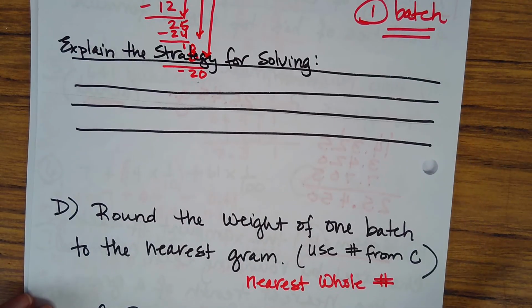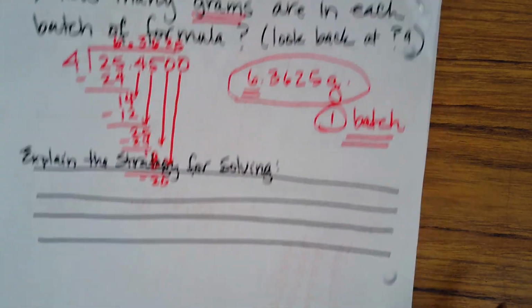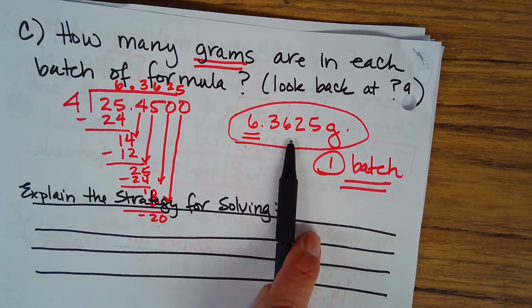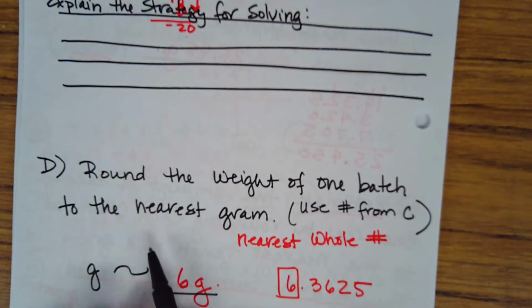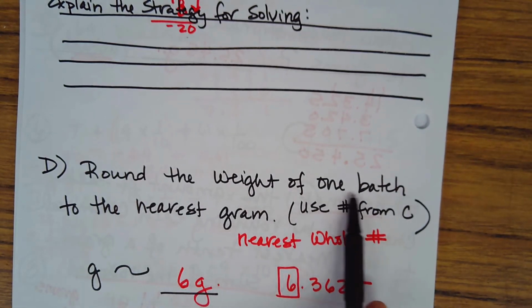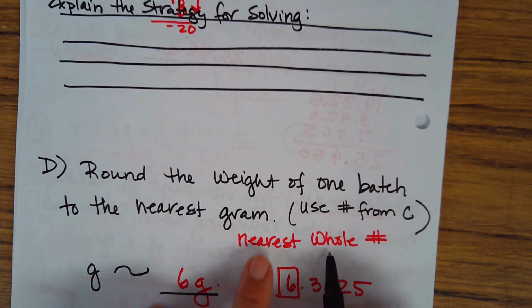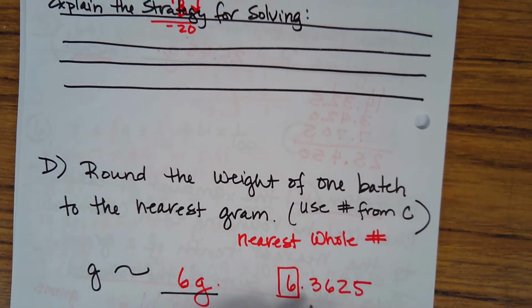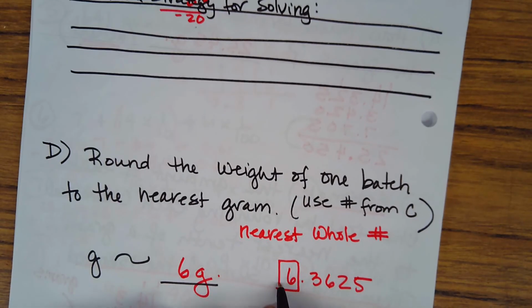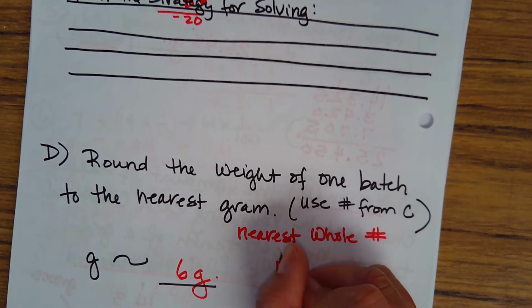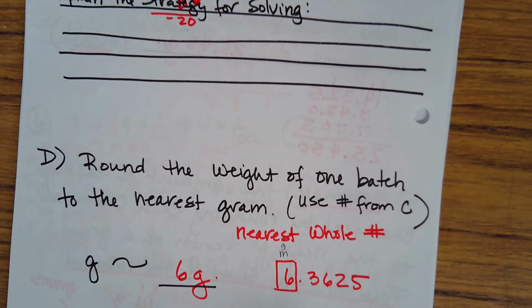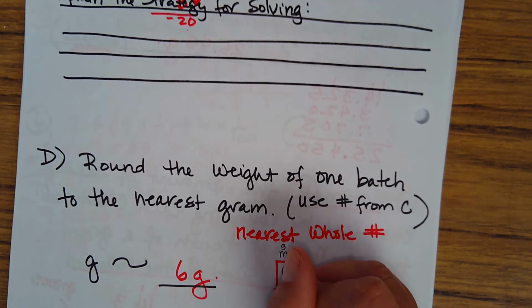Then lastly, I am going to take this number, round the weight of one batch to the nearest gram. And nearest gram means nearest whole number. So you're going to round to the nearest gram because that would be like meter, gram, liter.